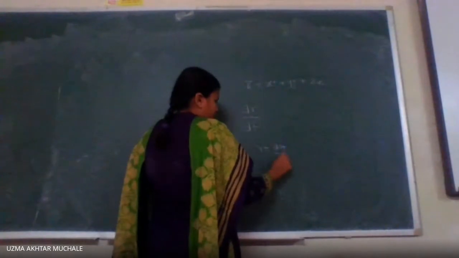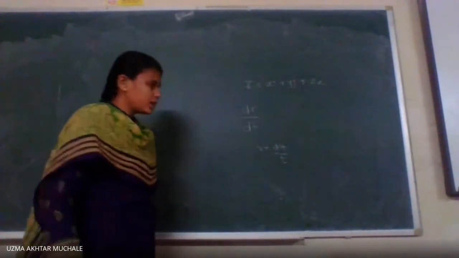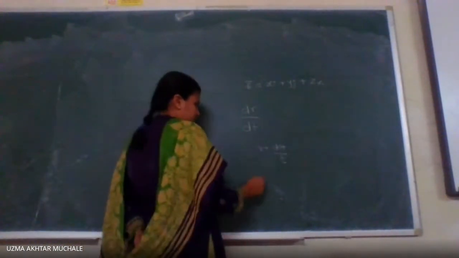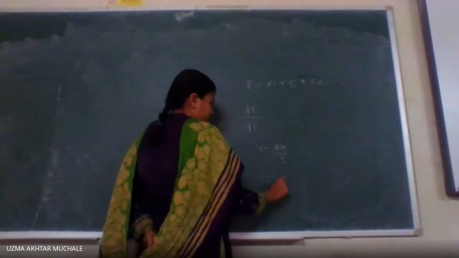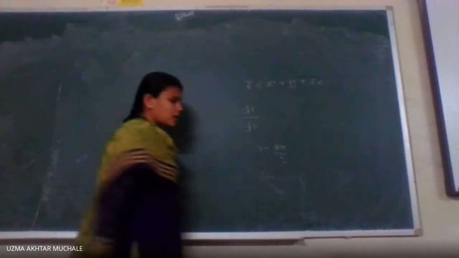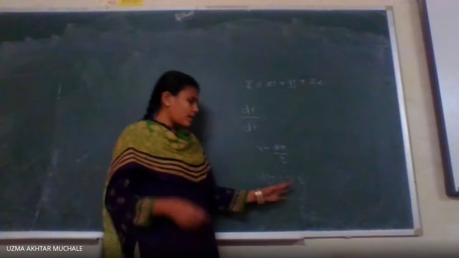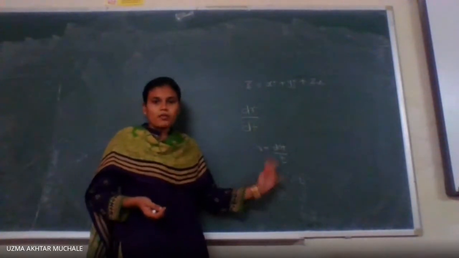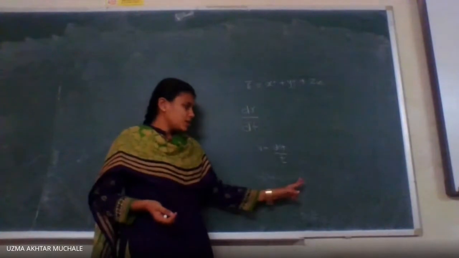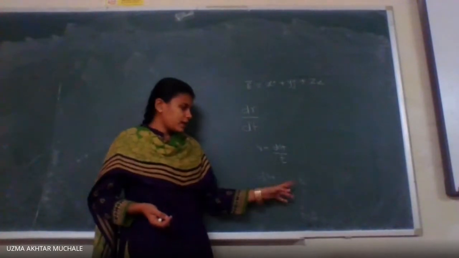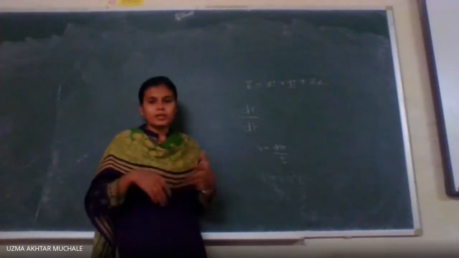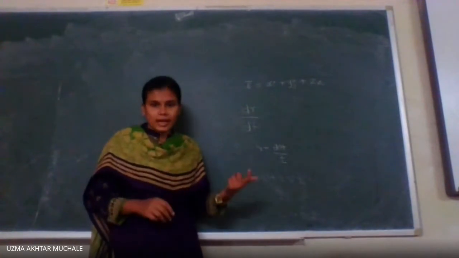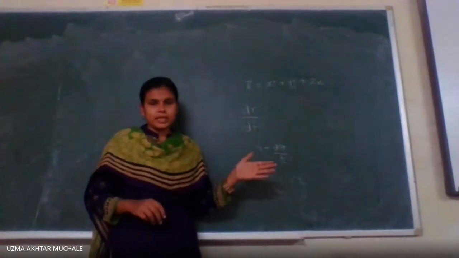Okay, if I want to find out a distance from home to university, what is the formula for velocity? It is distance upon time. Okay, so if I want to find out a distance, distance is equal to velocity into time, or speed into time. Suppose you have traveled from your home to university at a speed of 40 km/h, so you have to write down 40 into time, whatever the time you have taken. आपको टाइम भी नोट डाउन करना पड़ेगा जब आप घर से निकल रहे.